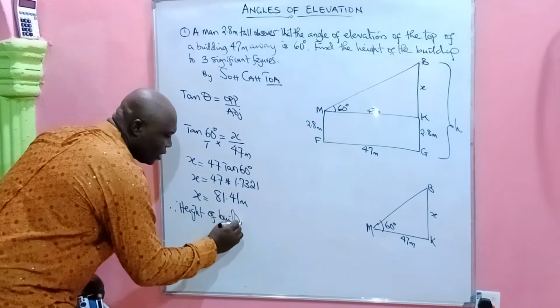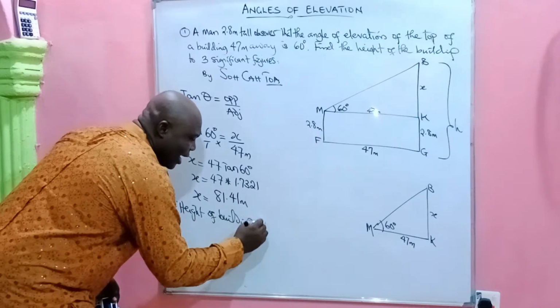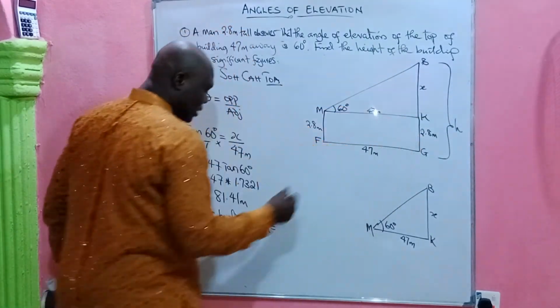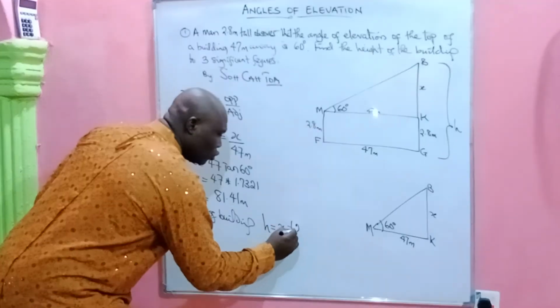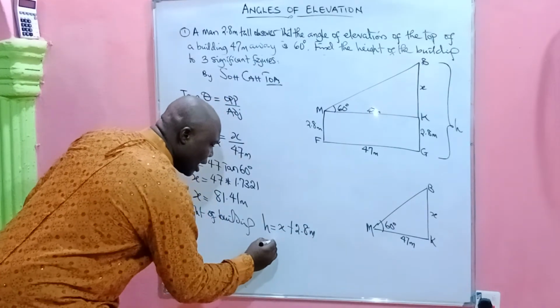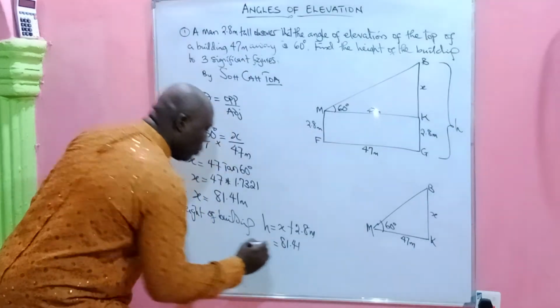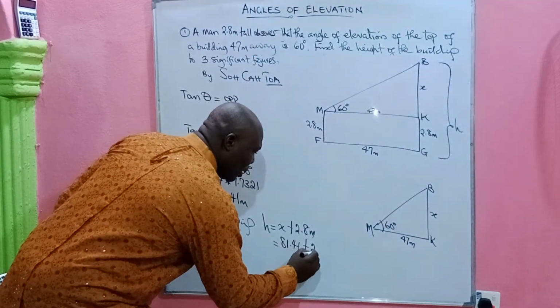Therefore, the height of our building, which is our H, will be equals to x plus 2.8 meters. x just gave us 81.41, so we add 2.8.